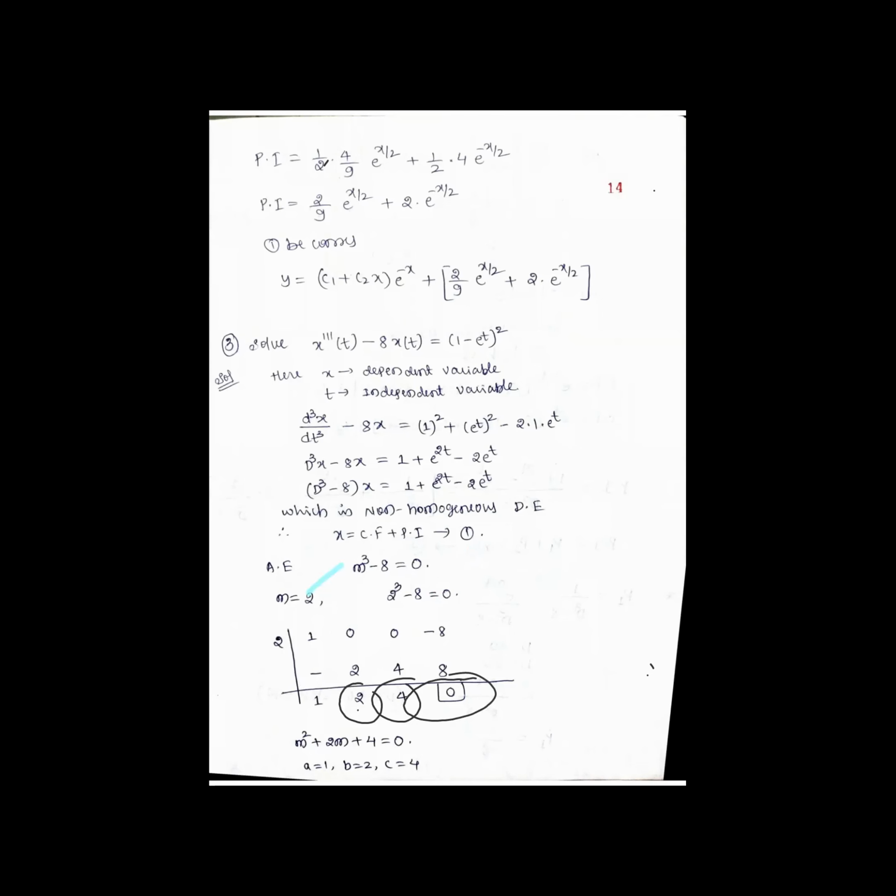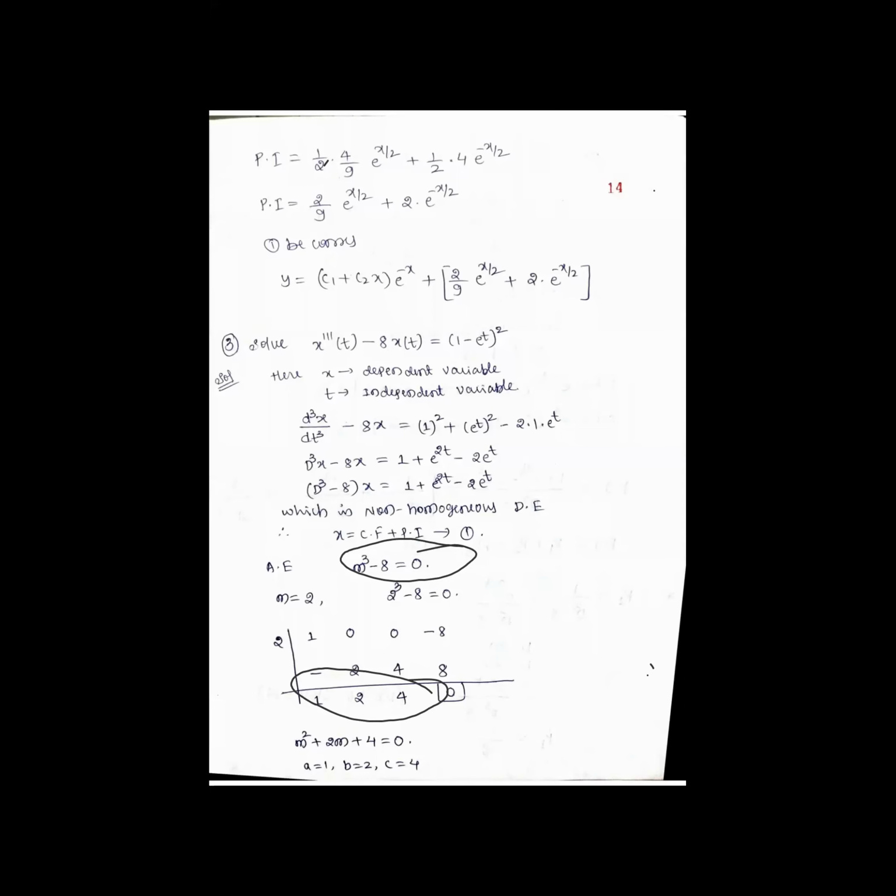Now you can see, earlier it was a cubic equation, now it is reduced to a quadratic equation. How to write it: 1 into m square plus 2 into m plus 4 equal to 0. By multiplication I want 4, by addition or subtraction I want 2m, so roots are not possible.